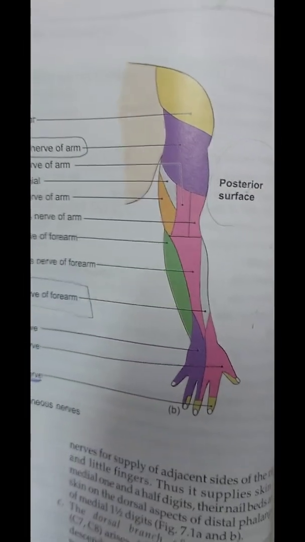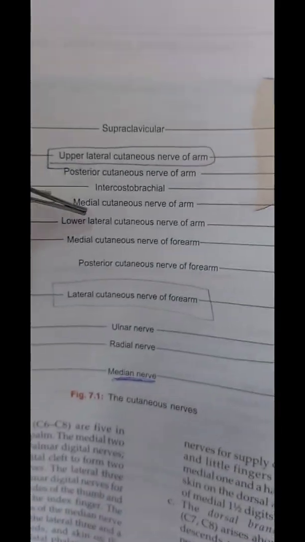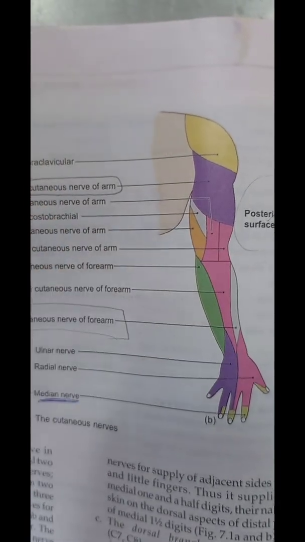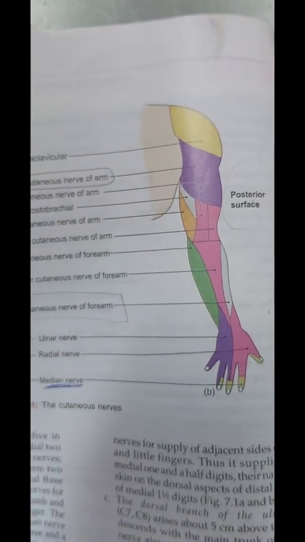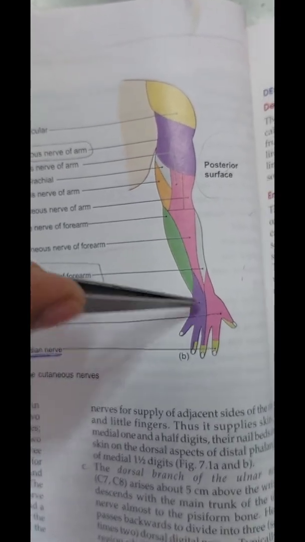On the posterior surface, it is supplied by the lower lateral cutaneous nerve of arm, posterior cutaneous nerve of forearm, and the radial nerve in the following given section.